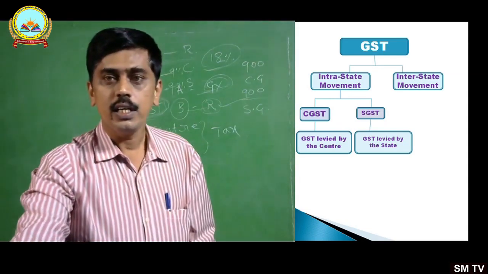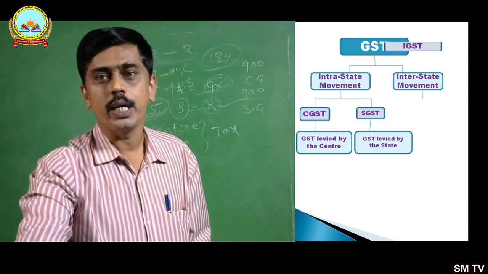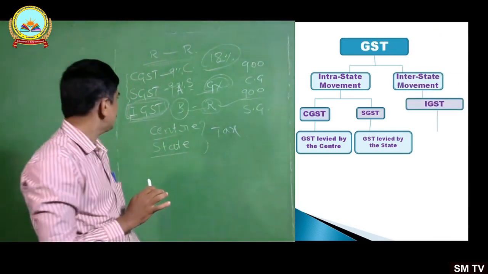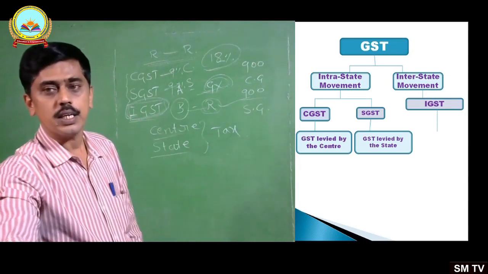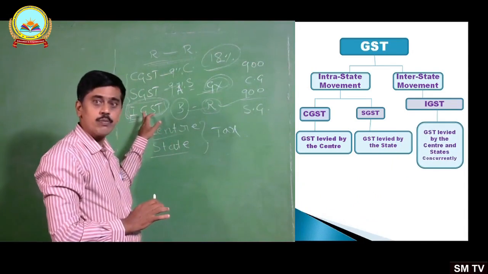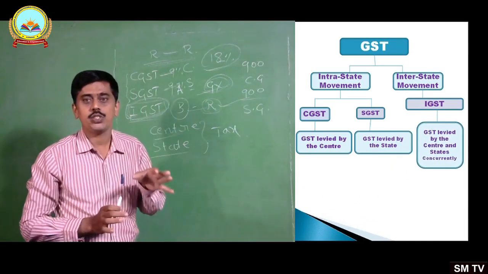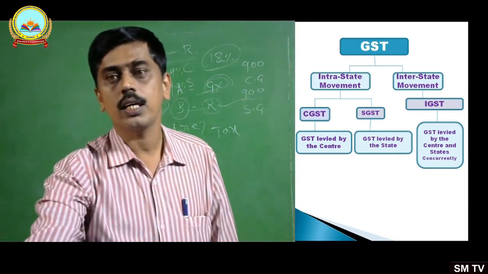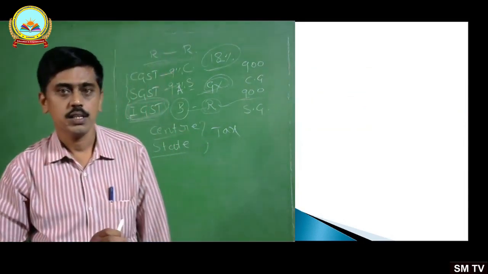And in case of interstate movement, we have to charge IGST, that is integrated goods and services tax. In case of IGST, GST is levied by the center and states concurrently.